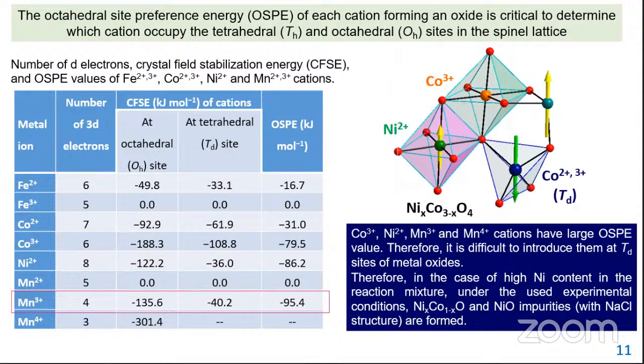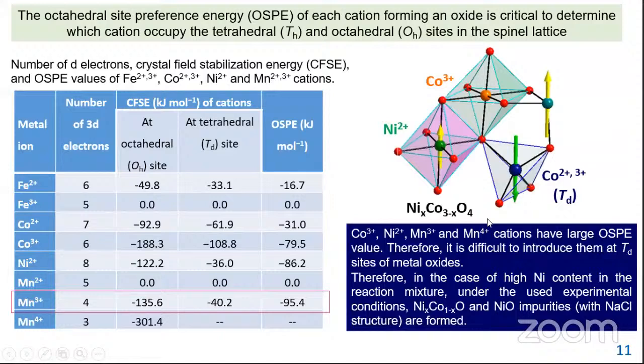So they will try to remain at octahedral sites, and it is very difficult to put them in tetrahedral sites. Here you can see nickel stays in the octahedral sites, cobalt 3 plus remains in octahedral sites, but can also stay in tetrahedral sites, while cobalt 2 plus will always stay in tetrahedral sites.